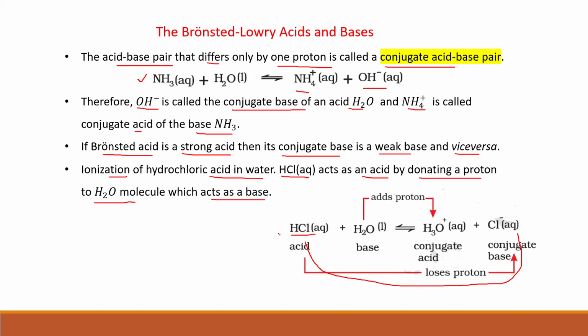That's why this is an acid, and this Cl minus is its conjugate base. So HCl and Cl minus make a conjugate acid-base pair. In the same way, H2O adds a proton and converts into H3O plus. That's why this is a base and its conjugate acid is H3O plus.